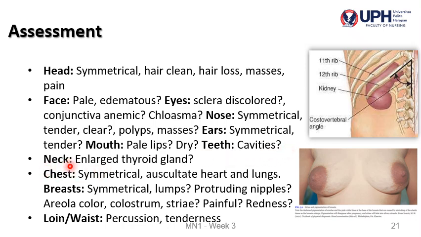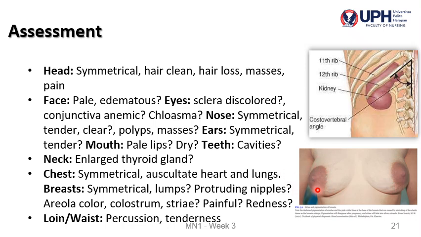On the neck, we see if the thyroid gland is enlarged. On the chest, we see if the chest is symmetrical or asymmetrical, and then we auscultate the heart and the lungs. Then also on the breast, you can see if the left and right breast are symmetrical. Is there any lump that you can see? Is the nipple protruding or not?